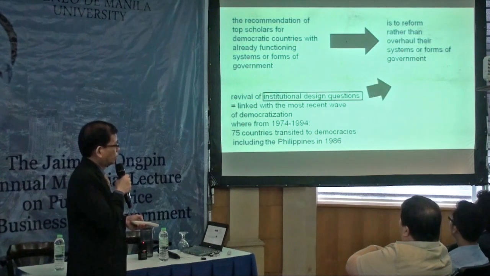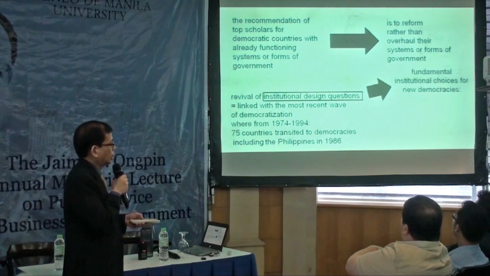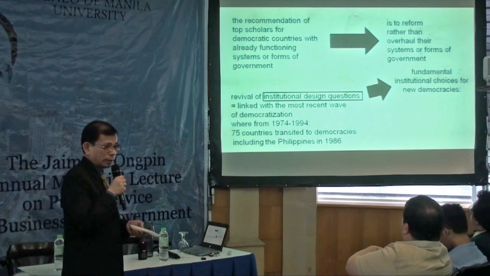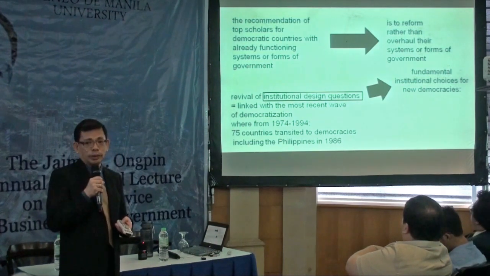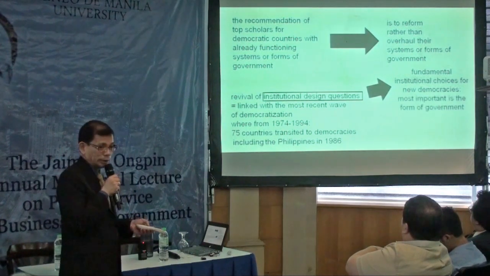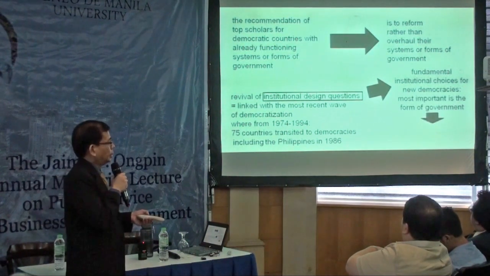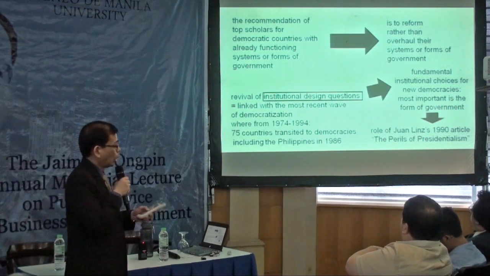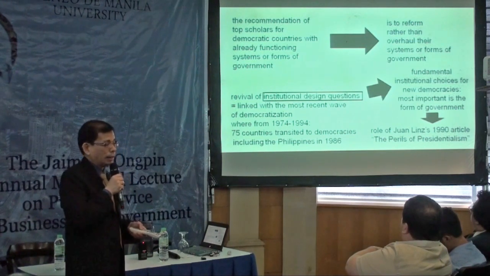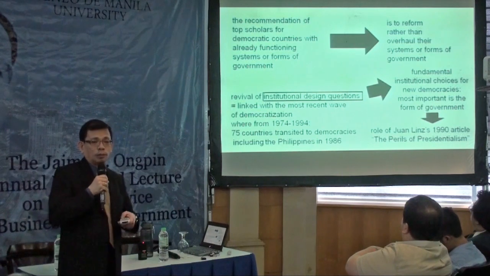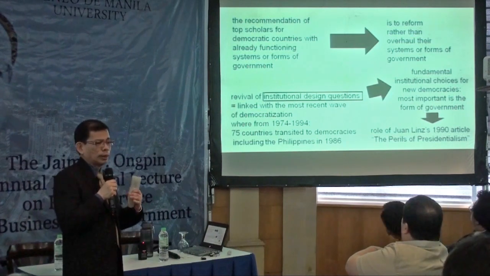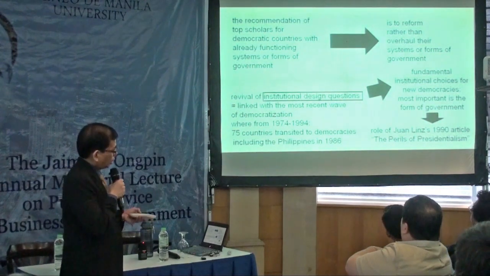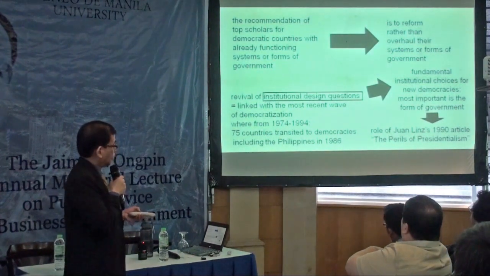These institutional design questions involve fundamental institutional choices for new democracies, the most important of which is the form of government. And this was actually ushered in by the important role of Juan Linz's 1990 article, The Perils of Presidentialism, which was a devastating critique on the presidential form of government.